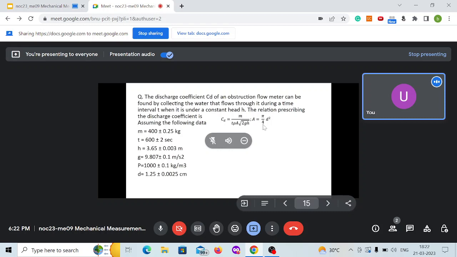So you know the relation for CD, and you know mass, time, head h, then g, acceleration due to gravity, then rho, then D, the diameter.